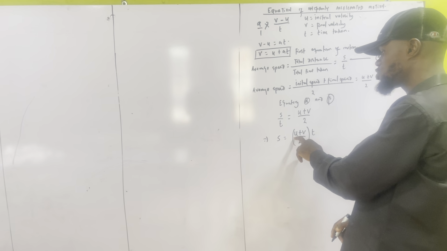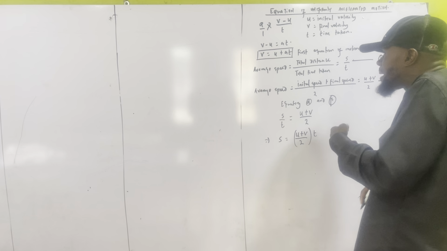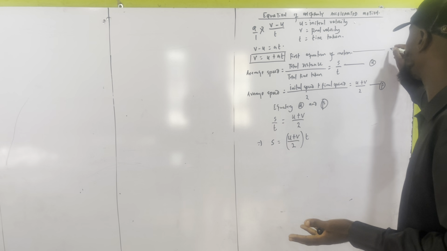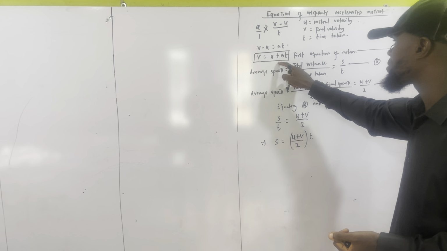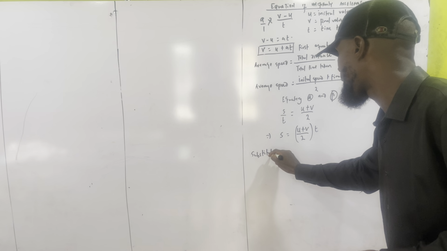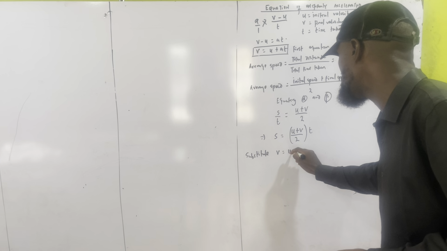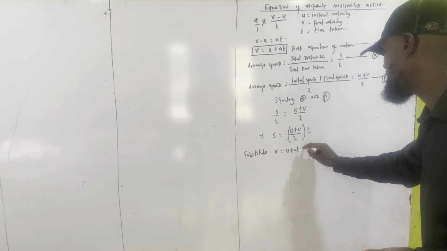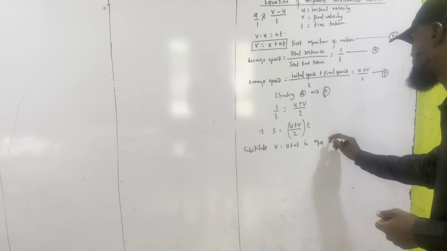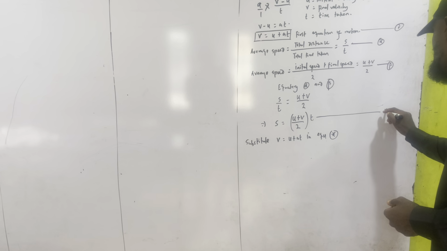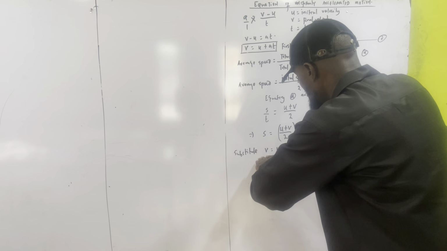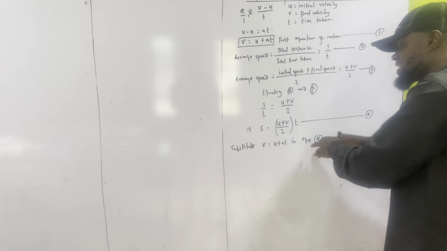I label this equation with an asterisk. Since the first equation of motion, which I label as 1, gives v equals u plus at, I want to substitute v equals u plus at into the asterisk equation.